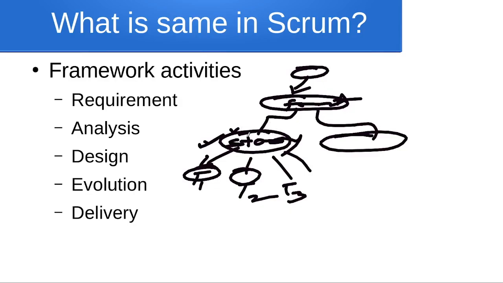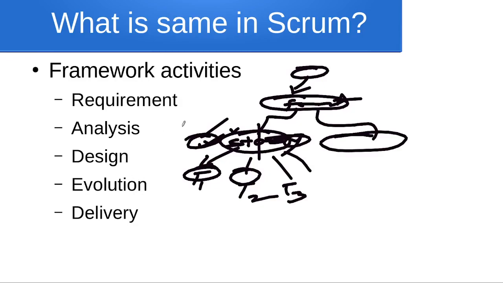If it is not possible, then we try to split the story. We will create multiple different stories which can be completed within the time box. The time box is the time period specified here. Now, time box can be 7 days or 2 weeks, depending on the organization's culture.